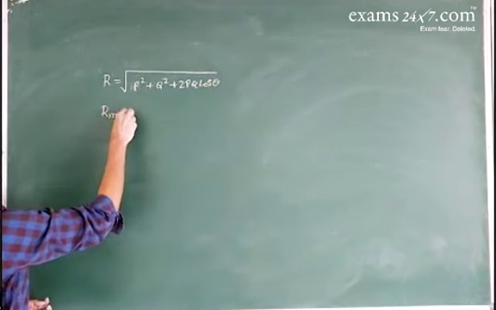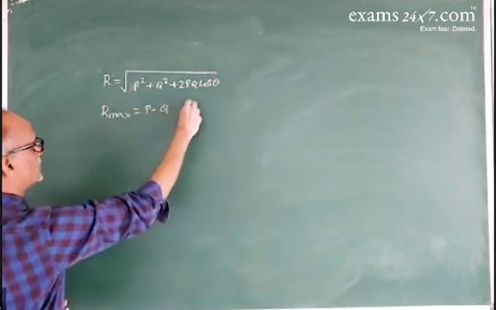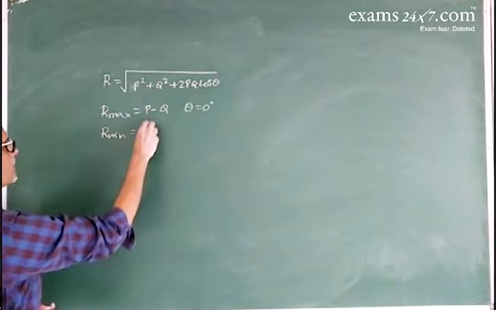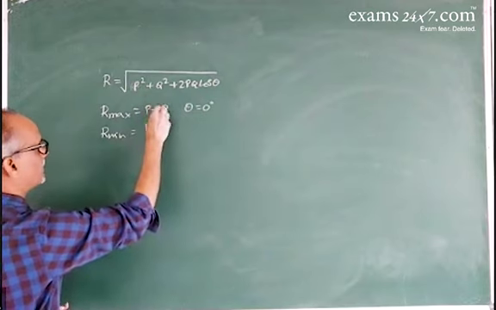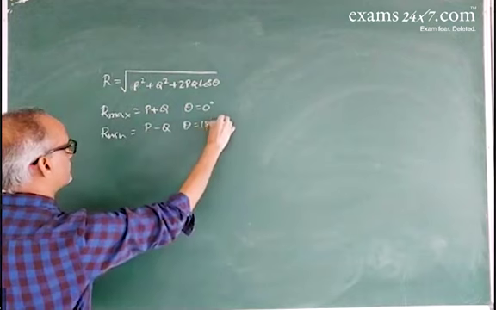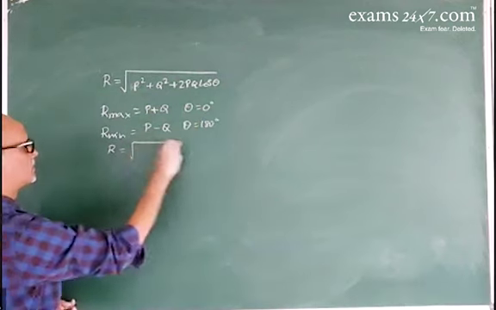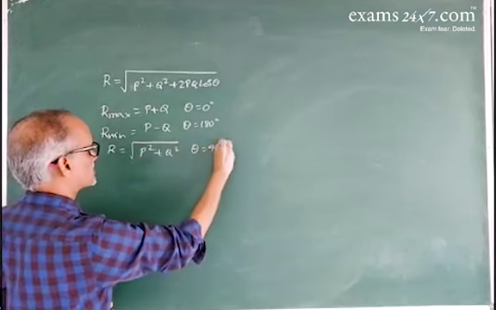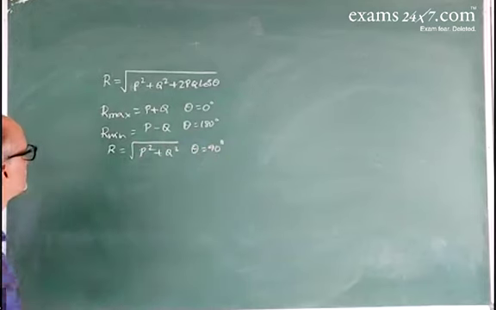Maximum value of the resultant, R max is equal to P plus Q when theta is 0 degree. R minimum is P minus Q when theta is 180 degree. And R is equal to root of P square plus Q square when theta is 90 degree.